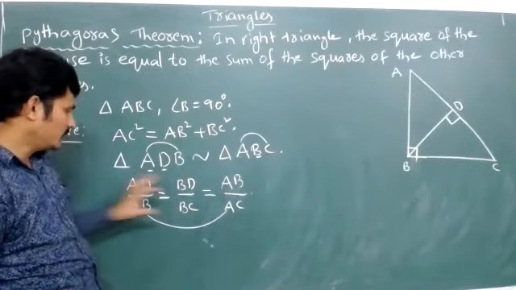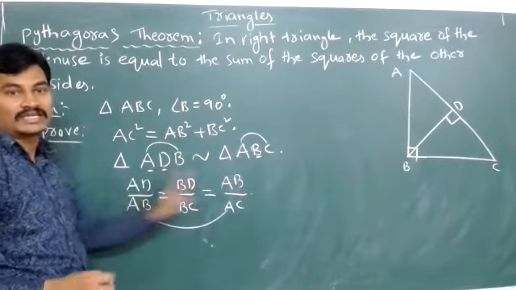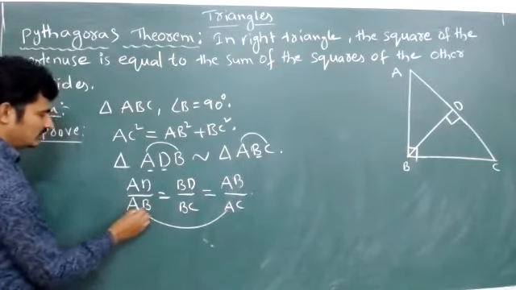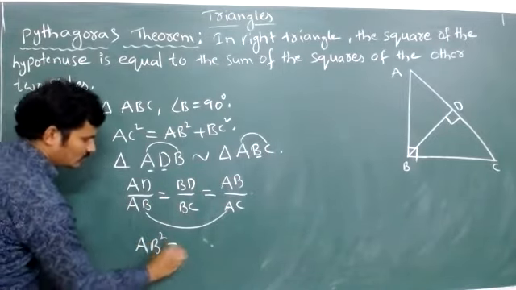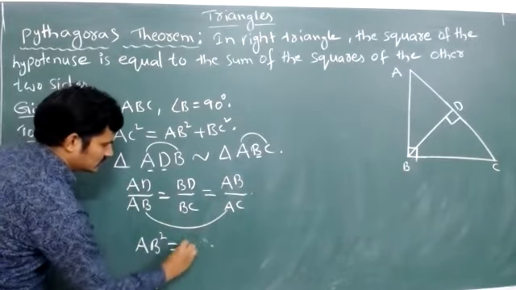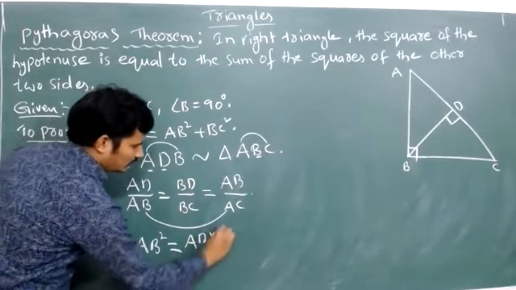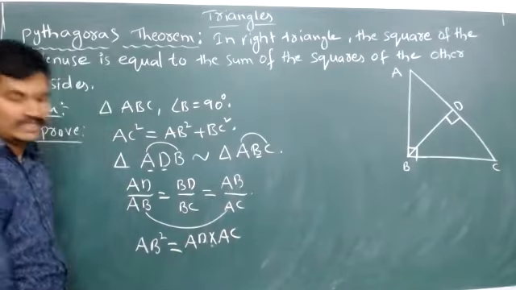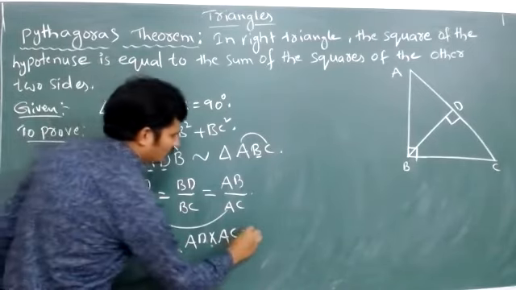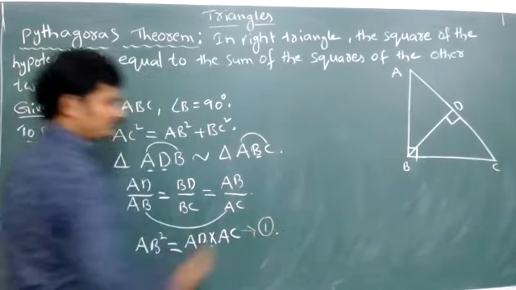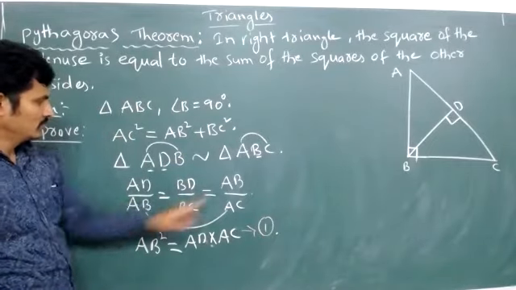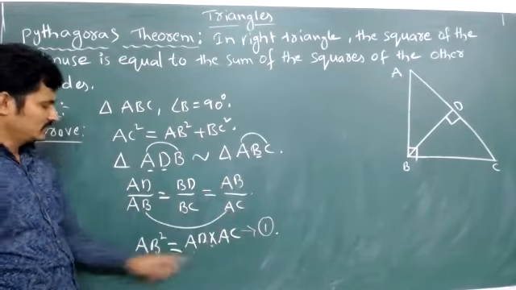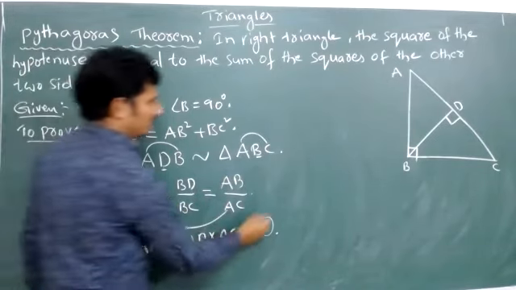If you do cross multiplication of these two, what you get is AB into AB, AB square, is equal to AD into AC. Call it equation 1: AB square is equal to AD into AC.